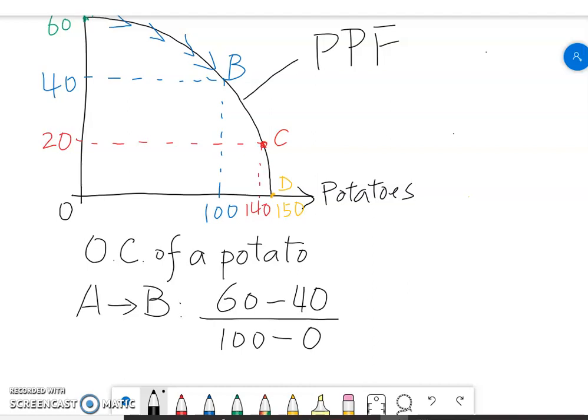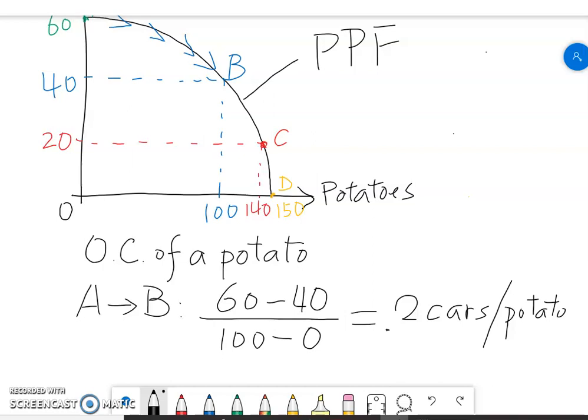So 100 would be the number of potatoes at B. 0 would be the number of potatoes at A. Okay, so this way we can find how many cars the economy gives up per potato. Okay, so here it's 20 over 100, so it's going to be 0.2. Right, it's going to be 0.2 cars per potato. Okay, 0.2 cars per potato.